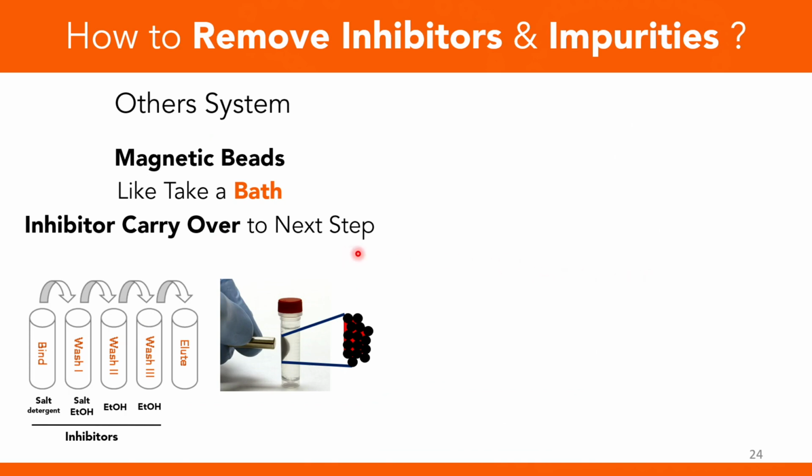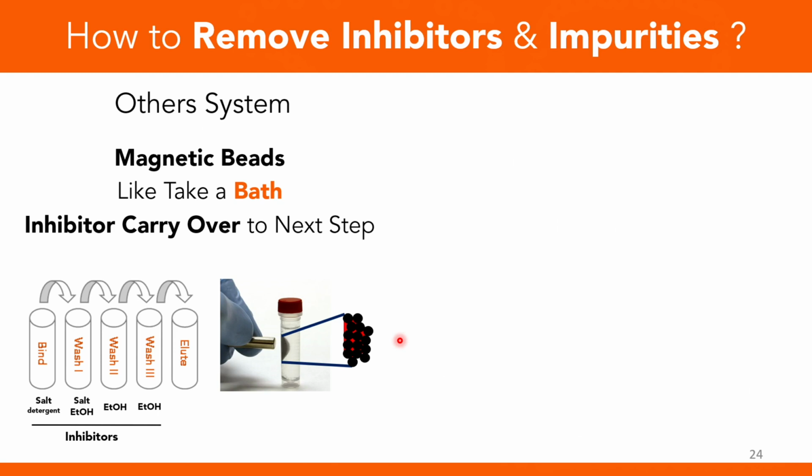And another more difficult problem is how to remove inhibitors and impurities with other automated magnetic bead systems. Usually during the washing step, it's just like taking a bath. They use a magnet to absorb all the beads and move the beads from one bath to another.